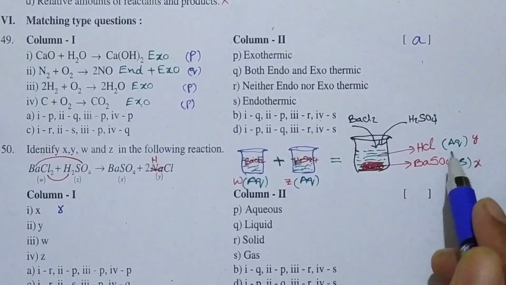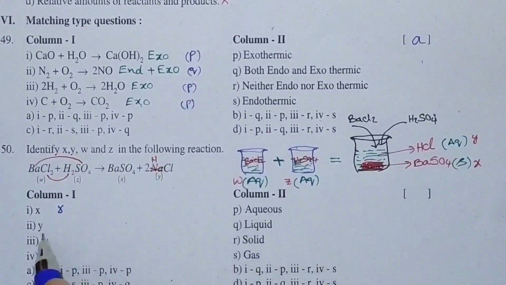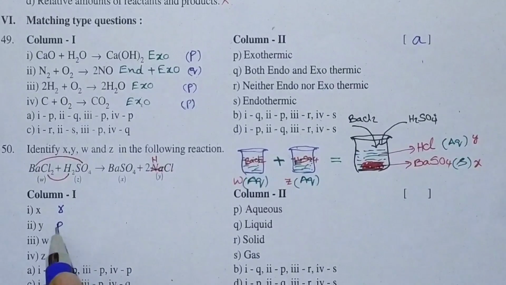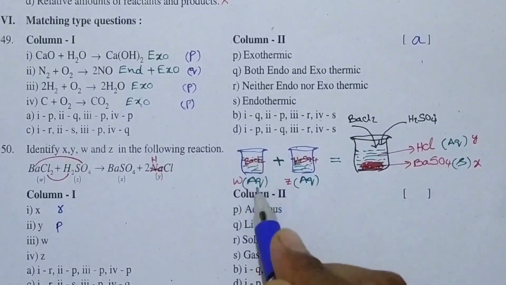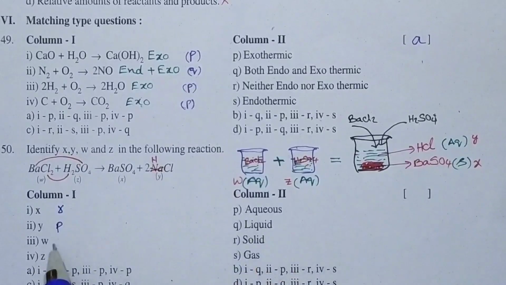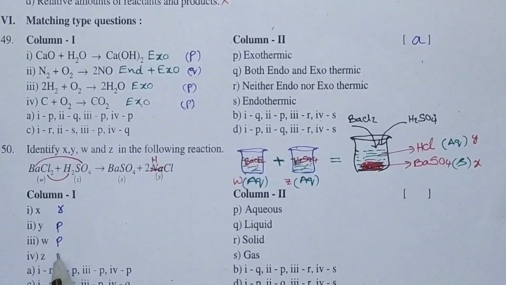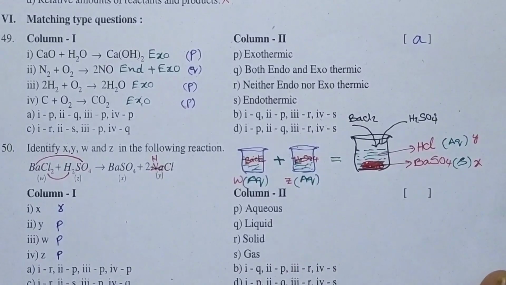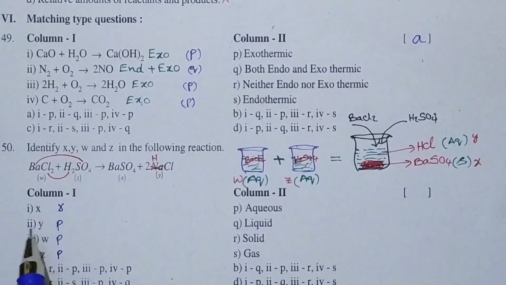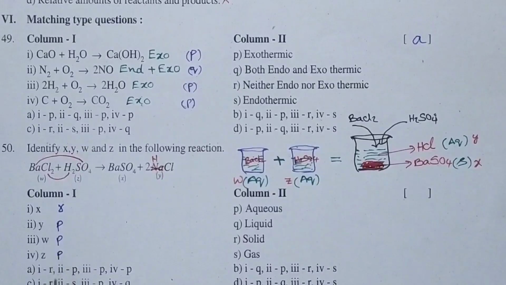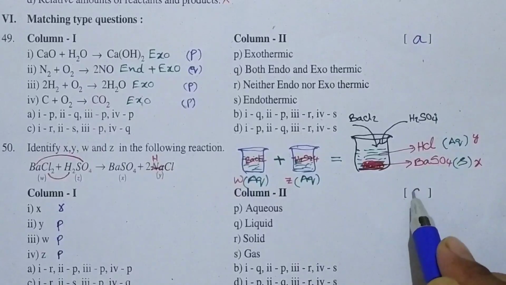Y is aqueous, so aqueous is P, the second one is P. W, that is BaCl2, is also aqueous, nothing but P. Next, the last one is Z. Z is also aqueous, so aqueous is nothing but P. Now let us check the options carefully. First one R, and the second, third and fourth are all P. R, P, P, P. So option A is the right answer for this question.